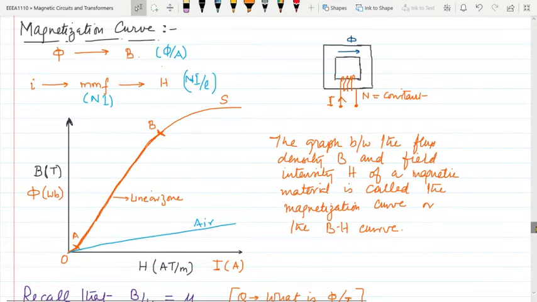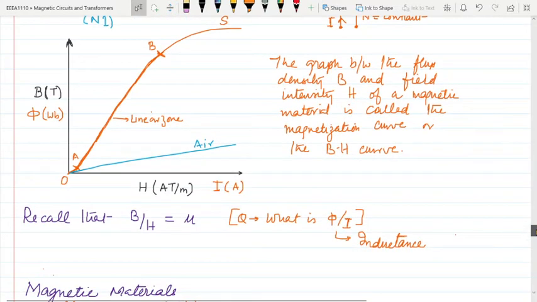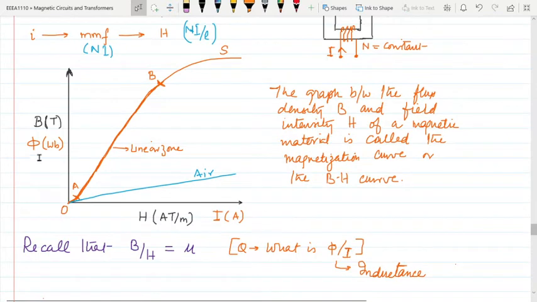Now, one more thing over here is that B by H is the ratio that is known as the permeability. And what about the flux per unit current? This thing is known as inductance. Basically, at a particular current, what flux is going to be generated inside the core, the ratio between the flux and this current, will be known as the inductance.